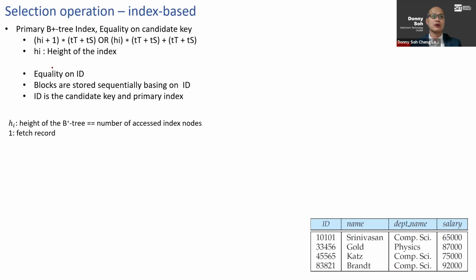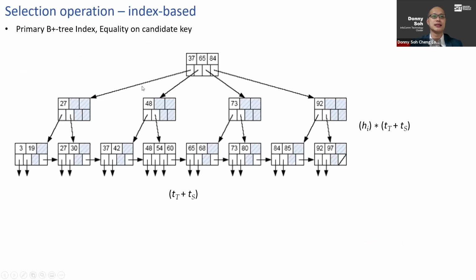So how do we calculate the cost of this? We will look at it from the tree point of view, which is slightly easier. Let's assume that the height of the tree is h of i.